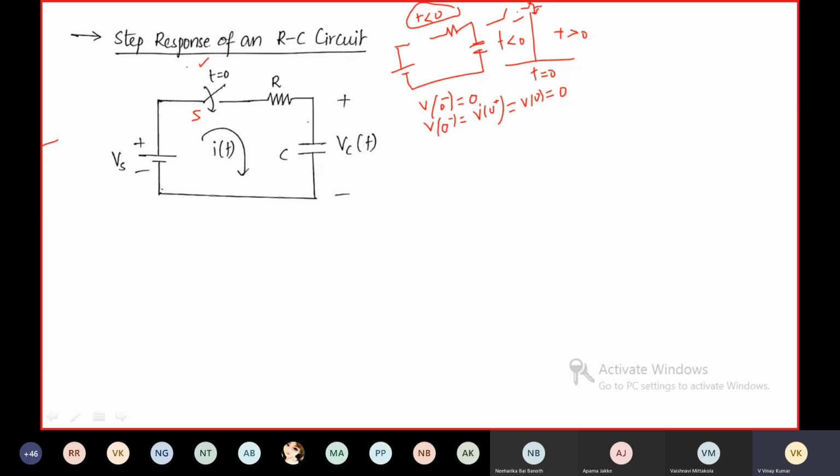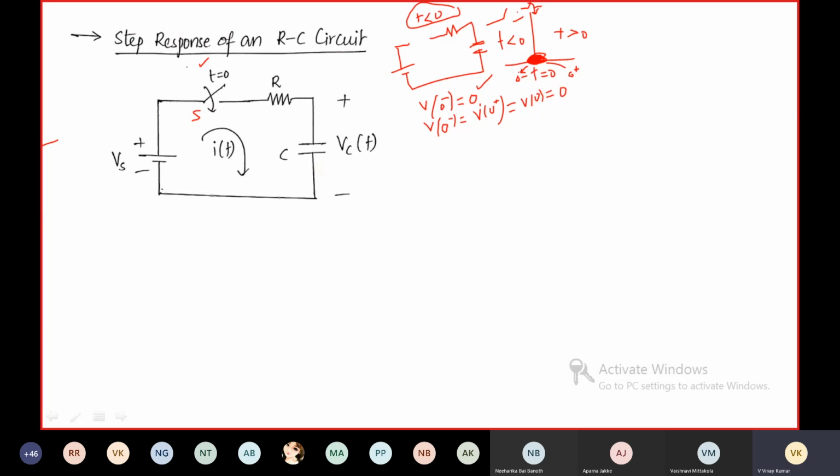Here we are placing an uncharged capacitor, so the initial voltage across the capacitor is 0. Within zero time, from the instant 0 minus to the instant 0 plus, the voltage across the capacitor cannot change instantaneously.